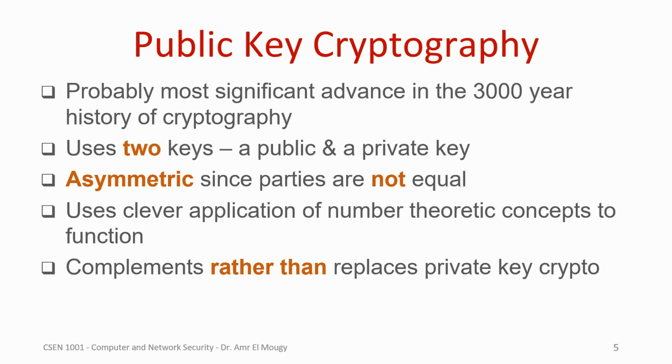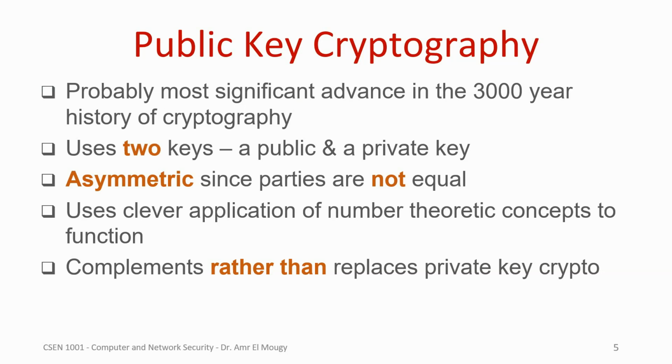Every user in the system has a pair of keys, and the pair are related by a mathematical equation. One of those keys is called the public key, and it is published. It is available at a registry or something like that for anyone to see and use. Its pair is called the private key, and this one is not shared with anyone other than its owner. So only the owner knows the private key.